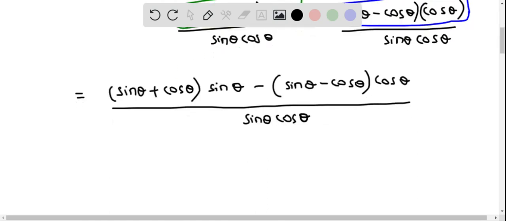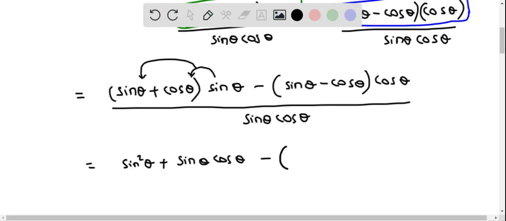Now we can do the distribution for both terms in the numerator. So I'm going to distribute this sin theta. When we multiply sin theta with sin theta, we get sin square theta, plus now multiply sin theta with cos theta, we get sin theta cos theta, and then I put this negative.